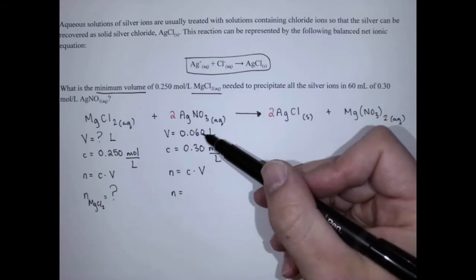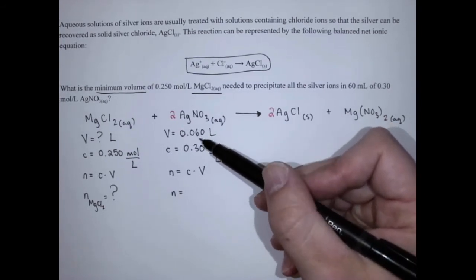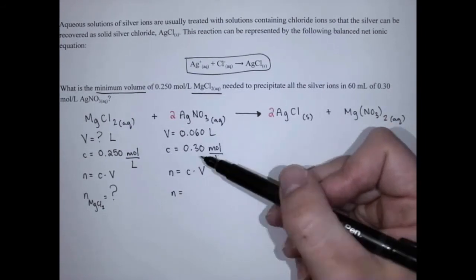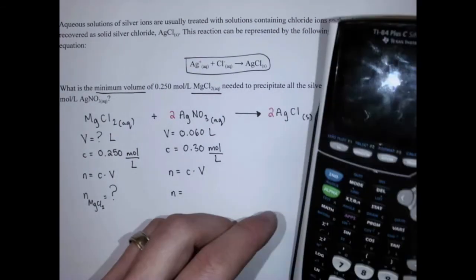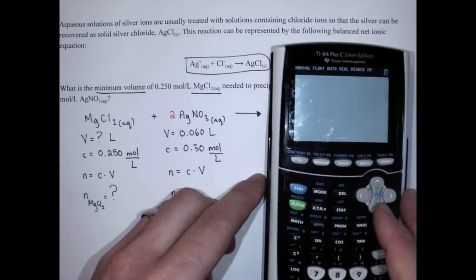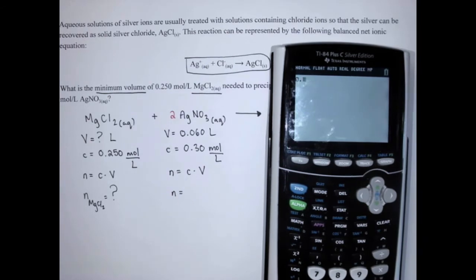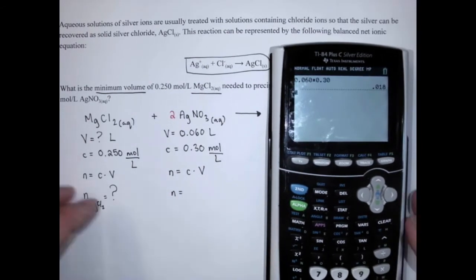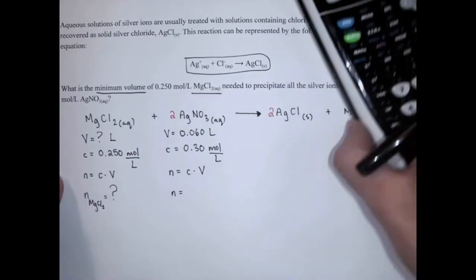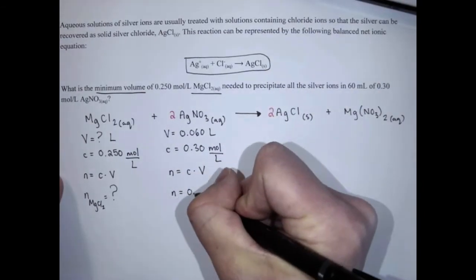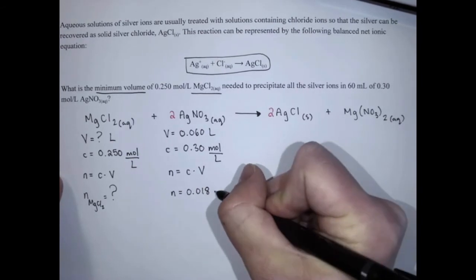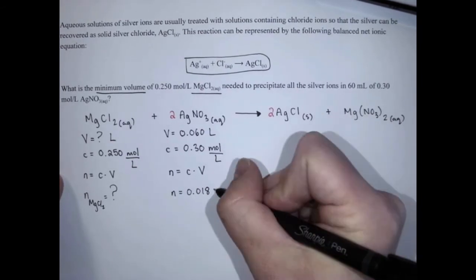I know its volume and its concentration. I can multiply those two quantities together to figure out moles of silver nitrate. So 0.060 times 0.30, and I get 0.018 moles of silver nitrate.